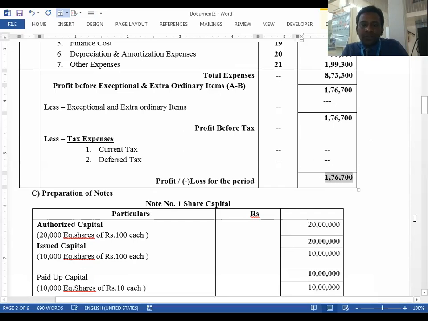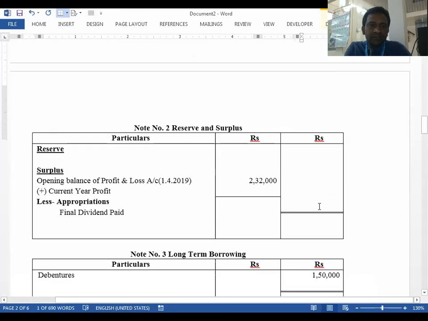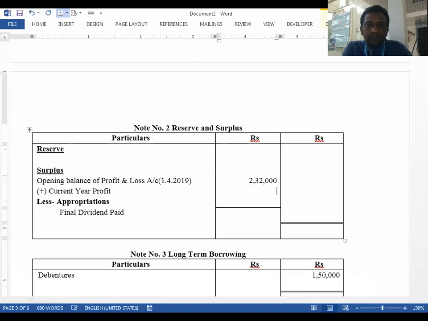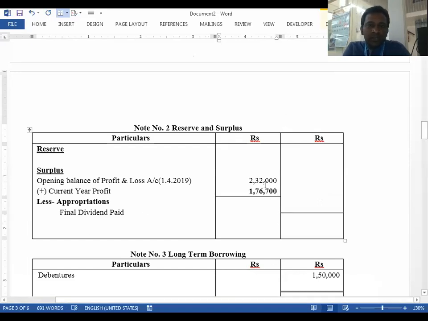Now it is transferred to reserve and surplus, current year profit.